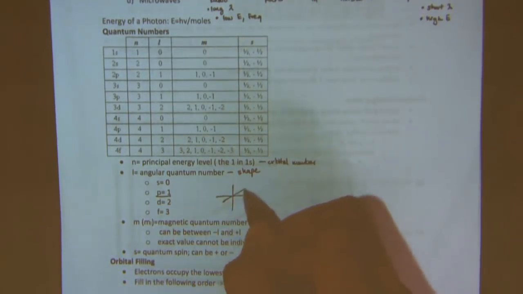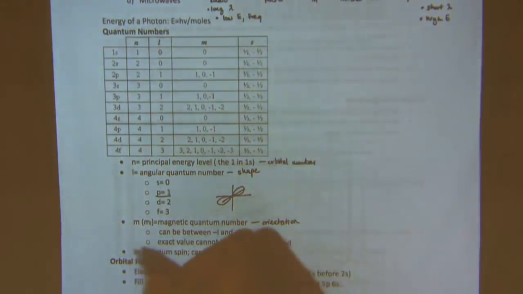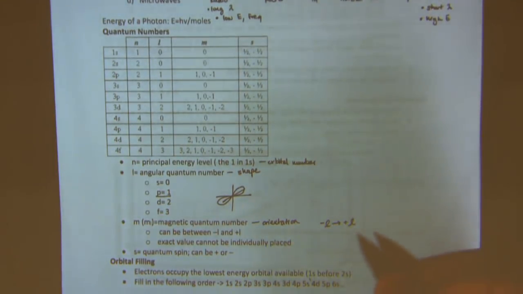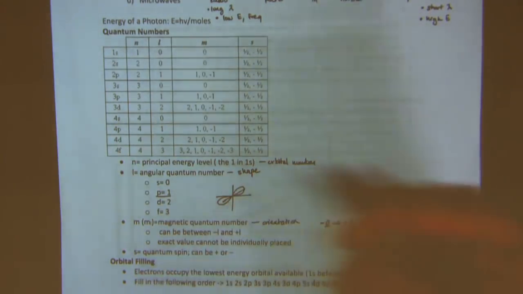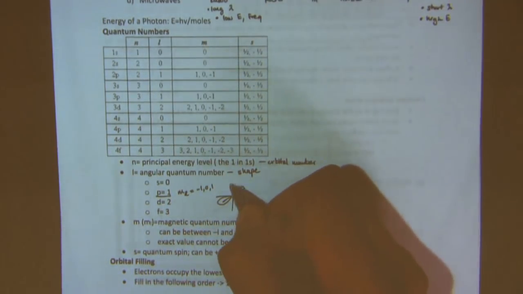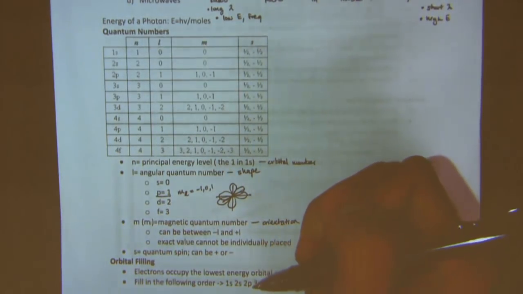The shape is given by the l value, but from m subscript l, it can be whole number values from negative l to positive l. This tells us how many orientations it would have. For p equals 1, it would have these values, and these correlate to the different orientations it can take along the axes. Okay?